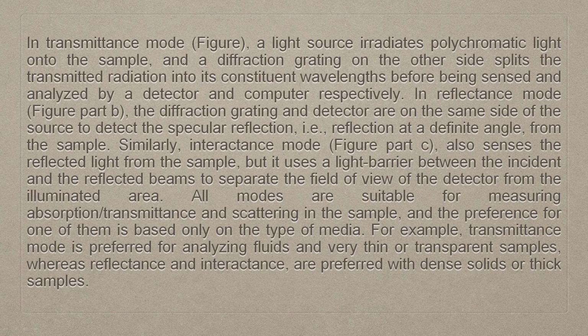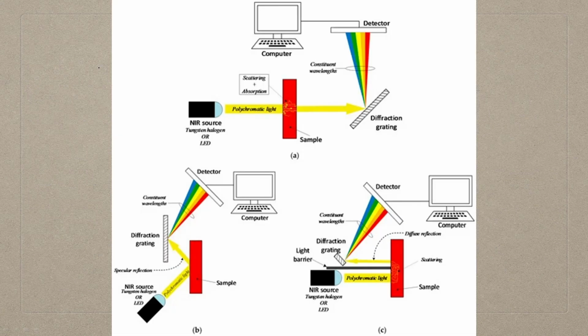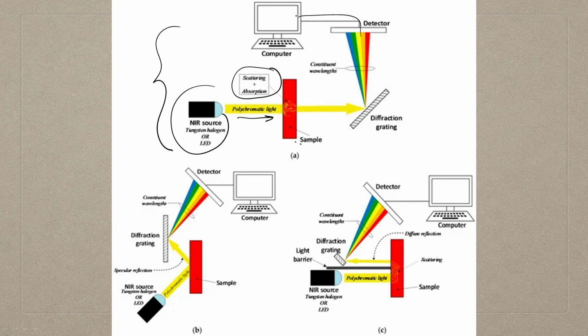In transmittance mode, a light source irradiates polychromatic light onto the sample. As you can see, this is the NIR polychromatic light, scattering plus absorption on the sample, then the diffraction grating, and it goes to the detector.